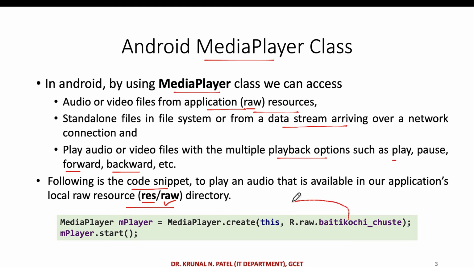So here we are going to create one media player object, and here we are going to use the create method, right? And we are going to pass the context of the application, the current context, and here we have to pass the song or any media that we want to play, right? And after that you just call the start method, then your particular thing will work.